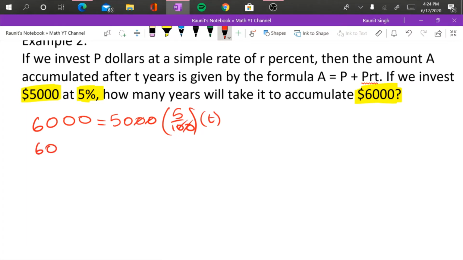We're going to get 6,000 is equal to 250 T. Divide both sides with 250, we get 6,000 over 250 is equal to T. Cancel out those zeros. And then 6,000 divided by 25. Or no, 600 divided by 25.